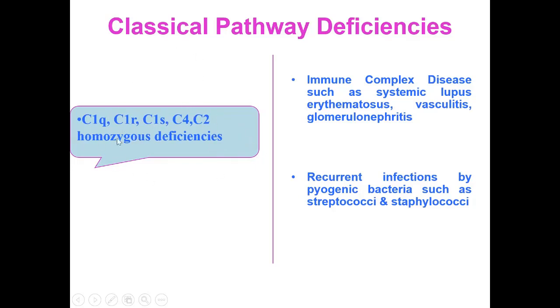As you see here, homozygous deficiency in C1q, C1r, C1s, C4 and C2 components of the classical pathway results in immune complex diseases because of the deposition of immune complexes and deficiency in clearance of immune complexes, and induces autoimmune diseases such as systemic lupus erythematosus, vasculitis and glomerulonephritis.